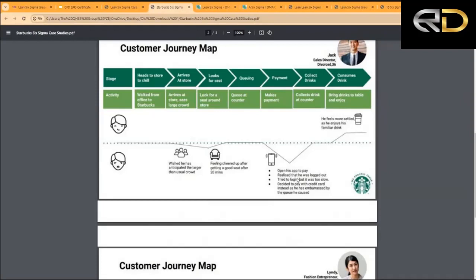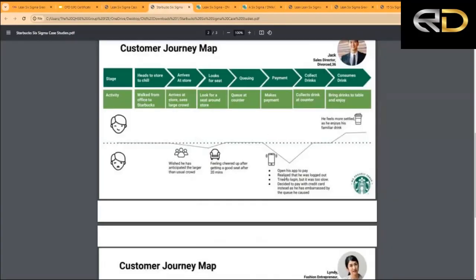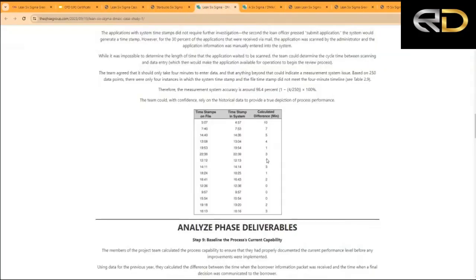This is literally the same thing. At this point, the characteristics of the problem happen when the application is opened, the application logs out, the application is slow, okay? And here, basically some files are being rejected and some files are going through. This is literally the same thing.